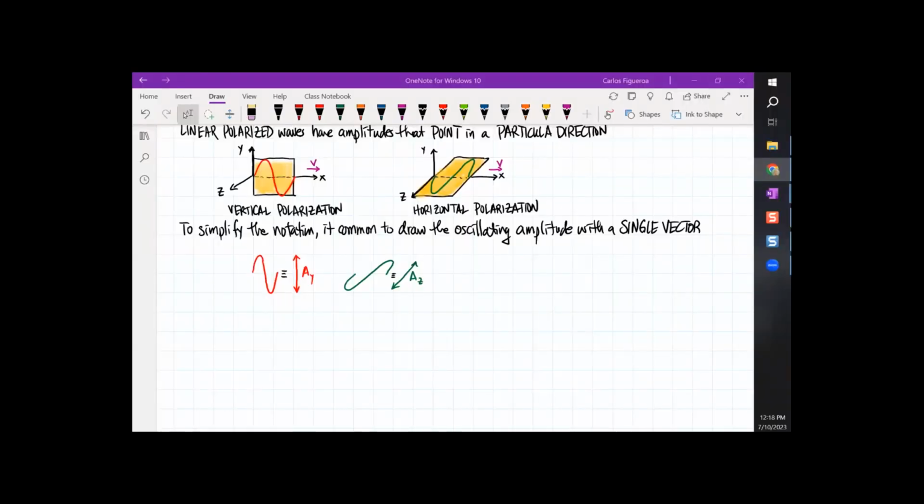So coming back to this here, let me make sure I'm on the right window. I am. So what I just showed you here was polarization GIF 1. That's the first one.